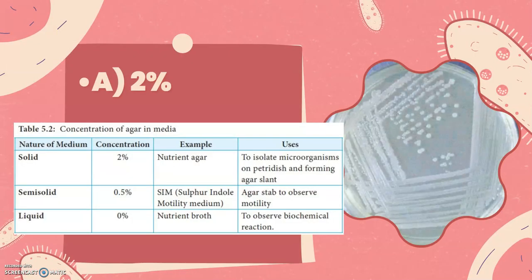So the answer is 2%. So to prepare a solid culture media, the concentration required is 2% of agar. And if it is 0.5%, it becomes semi-solid. And as you know, liquid culture media does not need any agar, so it is 0%.